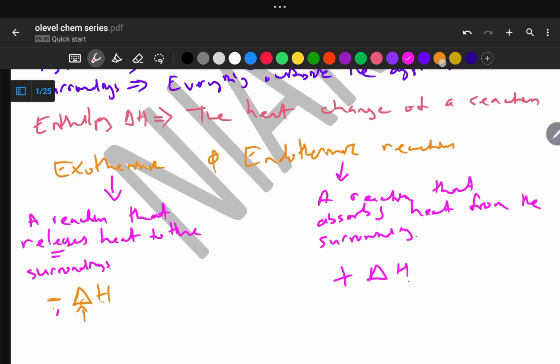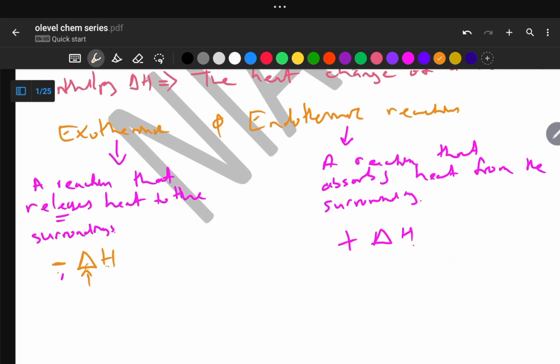So examples of these endothermic and exothermic reactions. For O level, you just need to list the examples, right? For the exothermic reactions, we have combustion, the enthalpy change of combustion. We have neutralization, and we also have biological processes like respiration. Respiration is defined as the catabolic breakdown of glucose to produce heat, in the form of ATP, adenosine triphosphate.